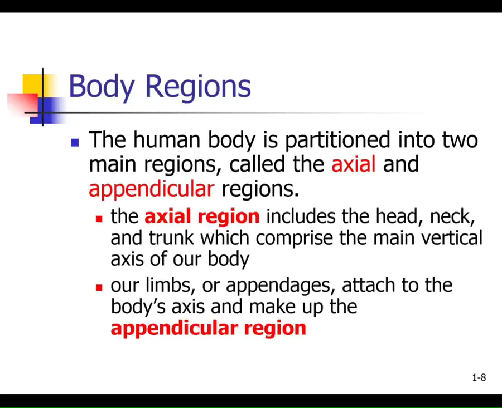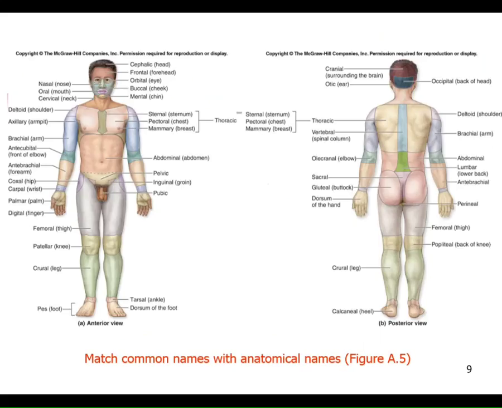So the clavicle, the scapula, and the pelvic bones. The pelvic bones hold the legs on, so they would also be part of the appendicular skeleton. Fair enough? So you'll see books dividing up the body into these two very large regions, axial and appendicular.